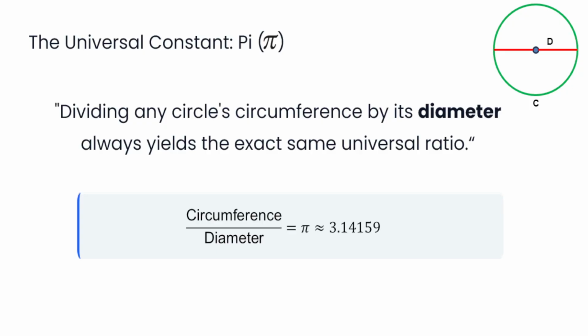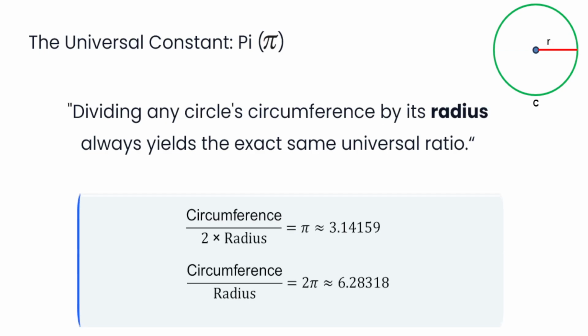Because it is a constant, the Greek letter pi was assigned to this number, and it is fundamentally just a ratio. So, if anybody asks you what is pi, you can say it is the constant value we get when we divide the circumference of any circle by its diameter. Because it's a fixed ratio, it means that if we know either the circumference or the diameter, we can easily calculate the other.